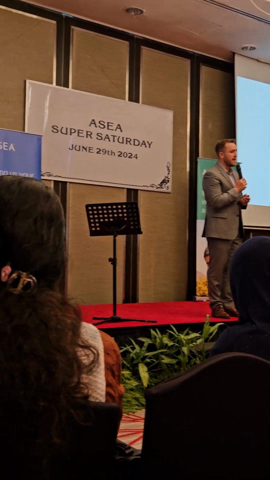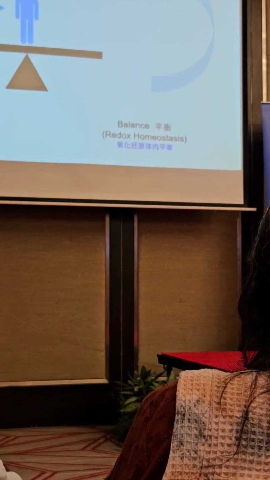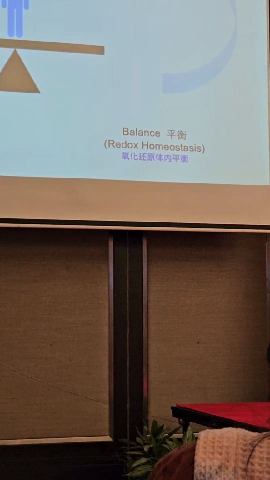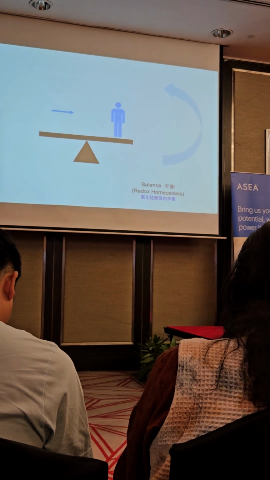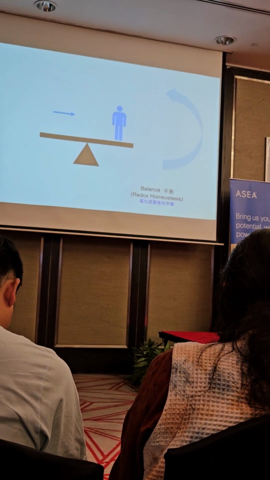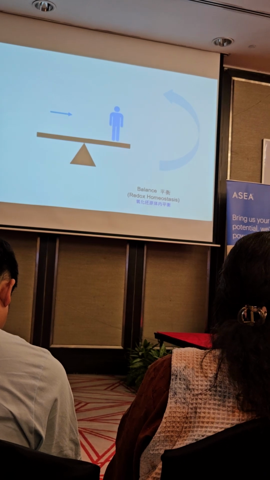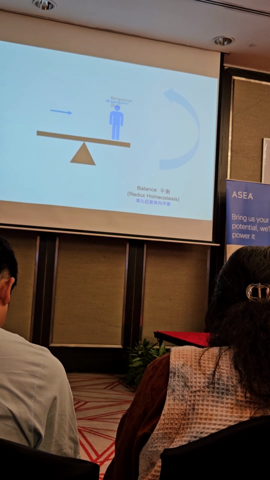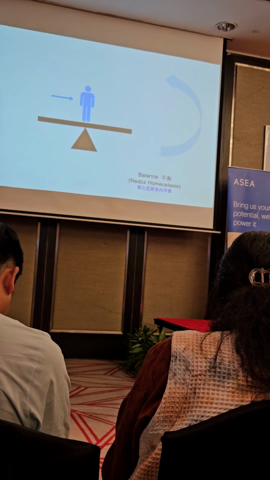In order for me to maintain my health and wellness, I need to be in the center. But again, I'm knocked off balance thousands of times per day with different forms of stress. So I'm now knocked off center. What do I need to do in order to get back to center? I must respond to that stress and get back to center.